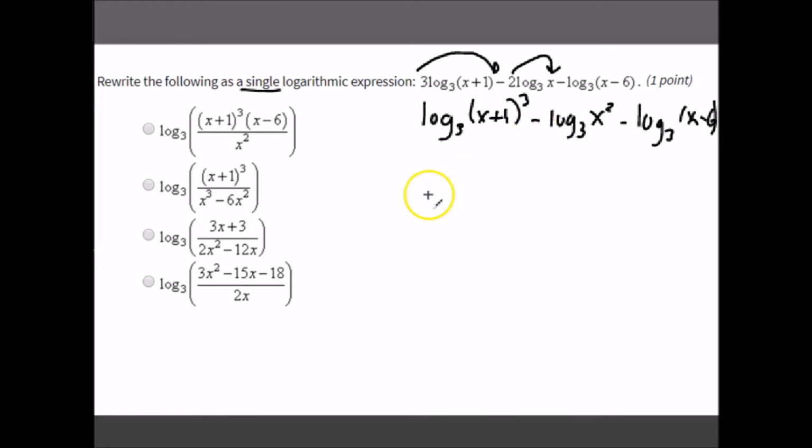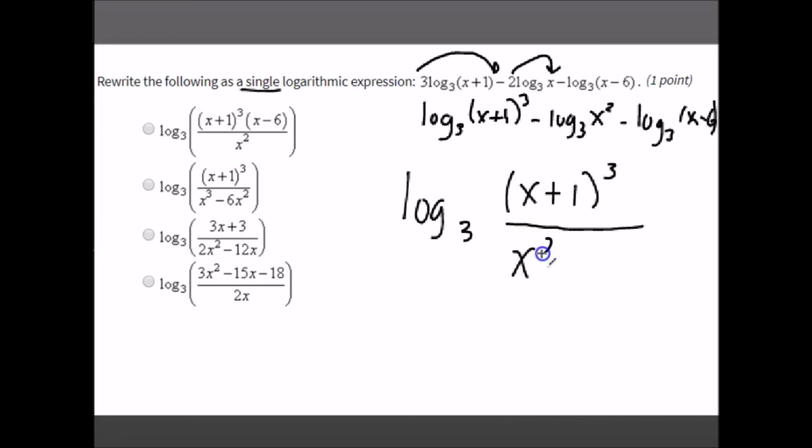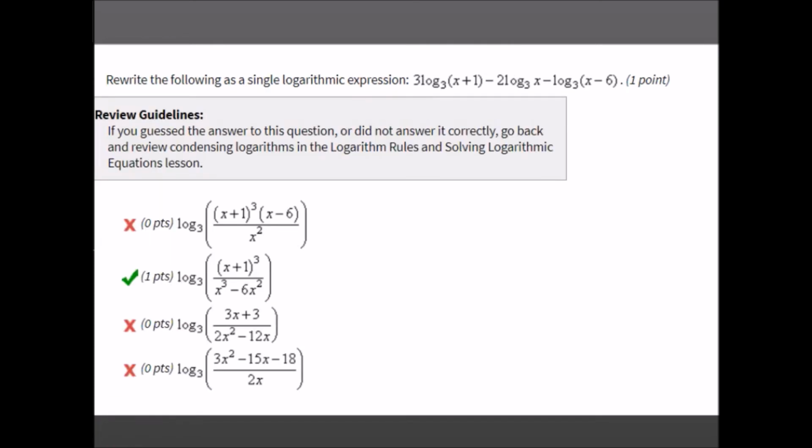So what happens is I can condense this into 1 log base 3 with its numerator being x plus 1 cubed, and the two denominators, because they're both subtraction, that means they both belong down in the bottom, as x squared and then x minus 6. And so when I notice that, I see answer choice B as they distributed the x squared through the denominator. So I choose answer choice B.